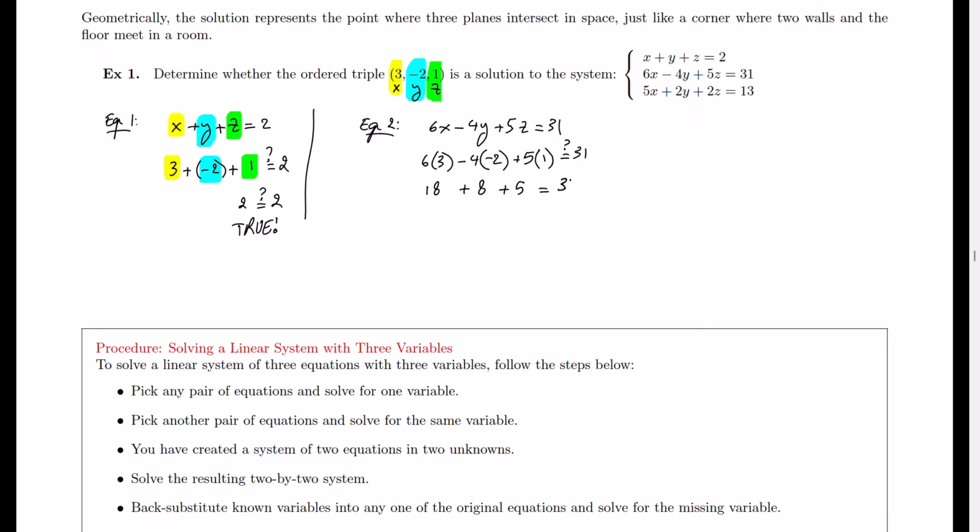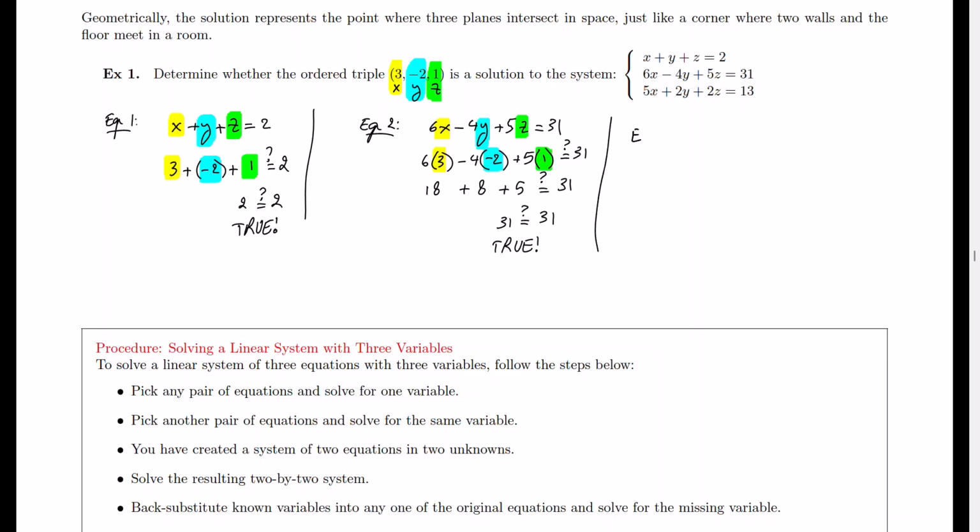Is that really the same as 31? And you can confirm that it is in fact equal. 31 on one side and 31 on the other side, so that means that we have another true statement. Again, we are not completely done because we still have the third equation. The ordered triplet must satisfy all the equations to be considered a solution.